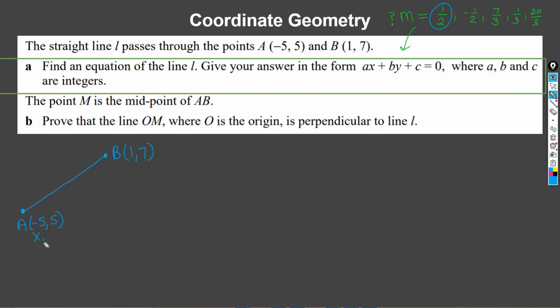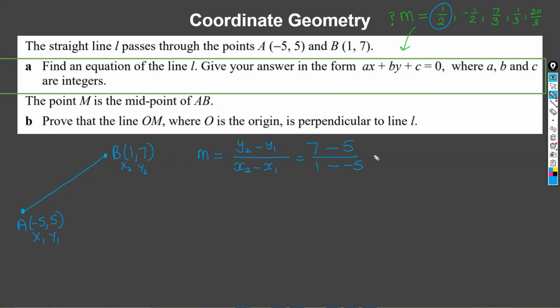I'm going to call this point x1, y1. The other point is what? x2 and y2. By now, we know the gradient is y2 minus y1 divided by x2 minus x1. So y2 is 7 minus 5. x2 is 1 minus x1, which is minus 5.